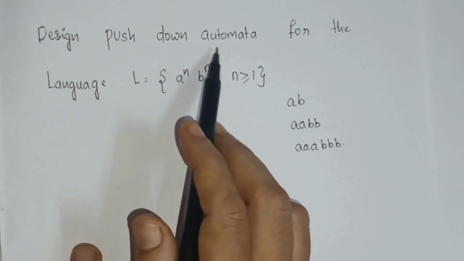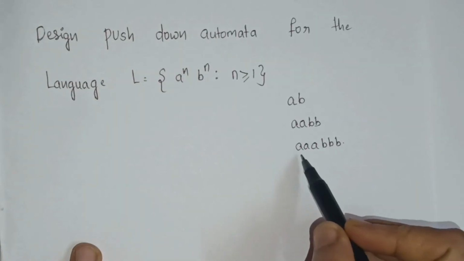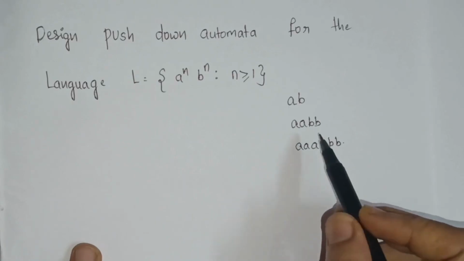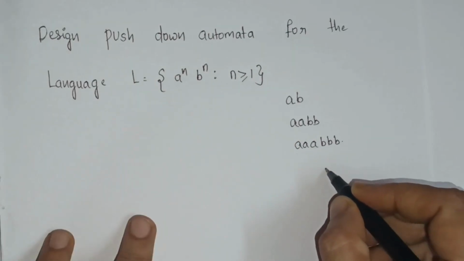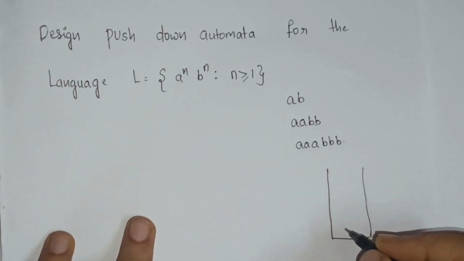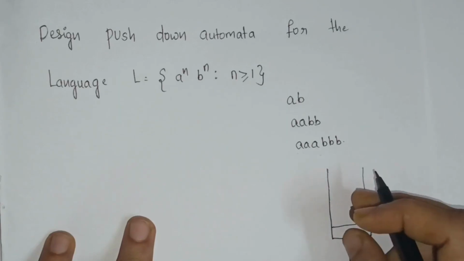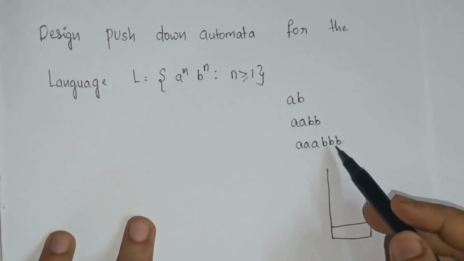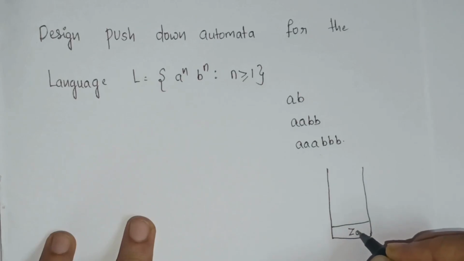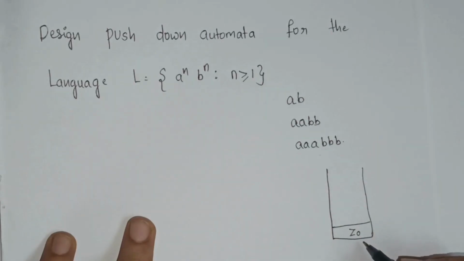If you are going to design a pushdown automata, the number of a's we have read should be equal to the number of b's. So for this we need some data structure in order to read the number of a's, store that in the stack, and whenever we get b's it should be popped out. So Z0 will be the initial symbol present in the stack.